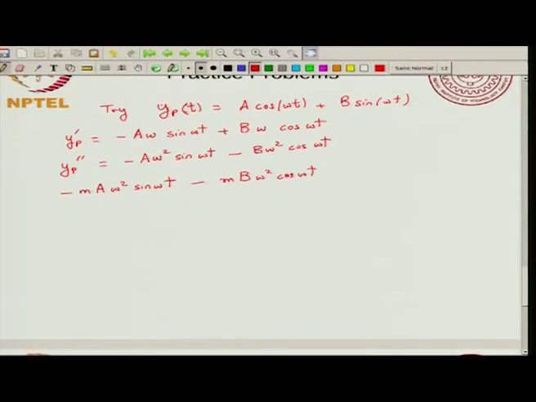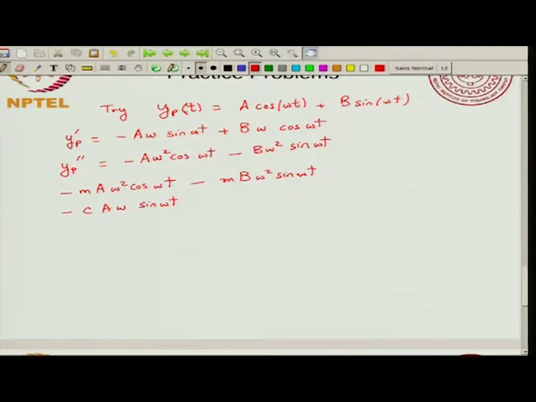So what is c y prime? I will just collect all the sine and cosine terms separately.